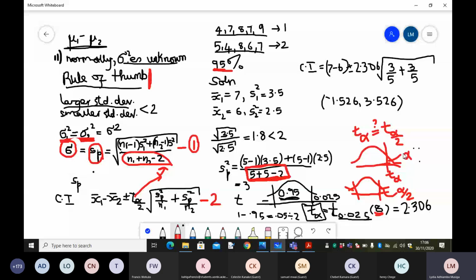In significance tests, we have a right-tailed test, where we talk about the area being alpha, and there is just the acceptance region on the left. And if we have a two-tailed test, then we talk about alpha over 2 area on the right, alpha over 2 area to the left.